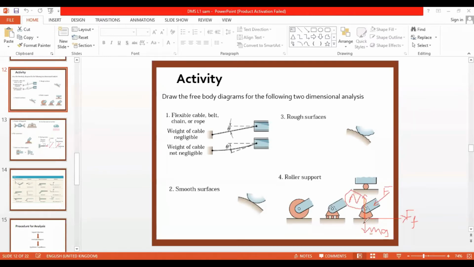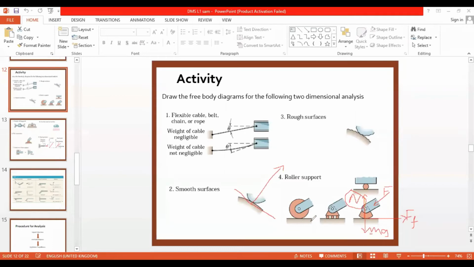If the surface is a curved surface, or the object is curved in surface, then the normal force would be perpendicular to the surface at that touching point. So here the object is also a curved object, and the plane is also a curved plane. In that case, the normal force will be applied perpendicular to the point where these two touch each other.